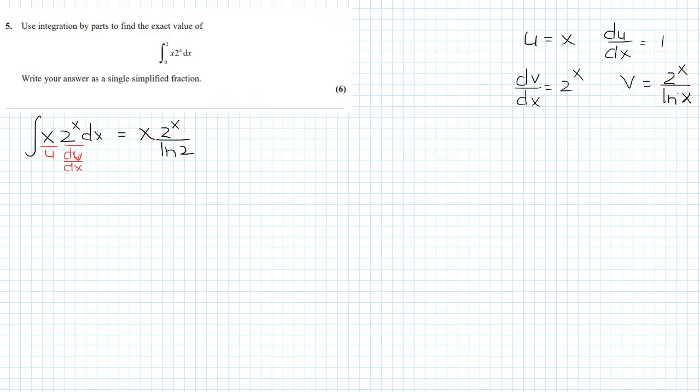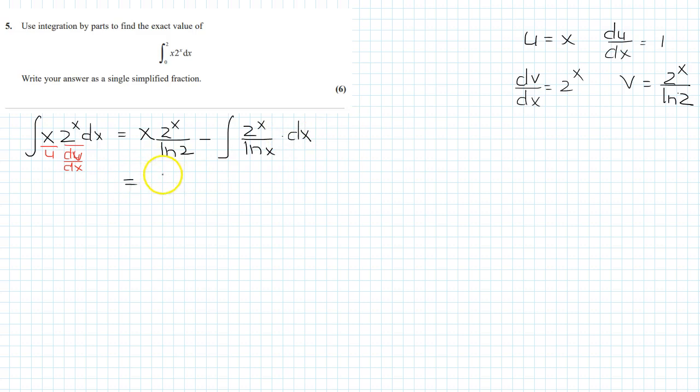That is the integral of x 2 to the power x is x 2 to the power x over ln 2 minus the integration of v, that is 2 to the power x over ln 2, du is that is dx.